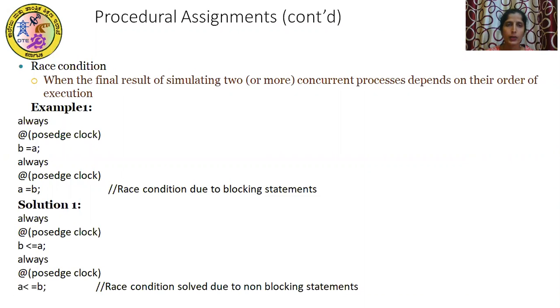So let's continue with the procedural assignments. As we came to know about the blocking assignment and non-blocking assignment, when we have concurrent processes, there might be some problem in assignment when we have blocking assignment statements.